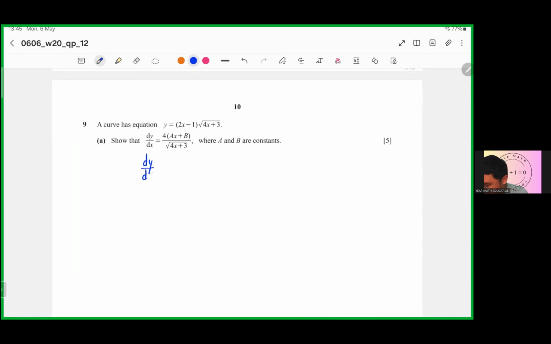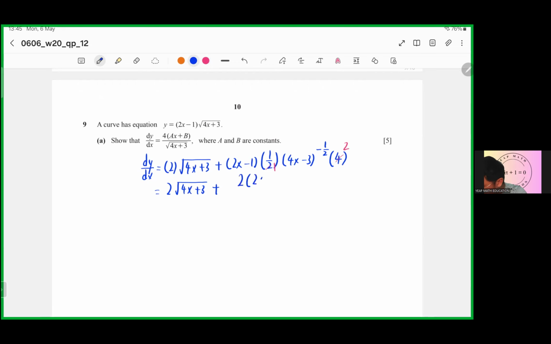dy/dx equals 2 times (4x plus 3) to the power of 1 over 2, plus (2x minus 1) times 1 over 2 times (4x plus 3) to the power of negative 1 over 2, and differentiating this composite function, we get 4. Now we can write 2 square root of 4x plus 3, and then plus, don't forget, 1 and this 2, so I can write 2(2x minus 1).